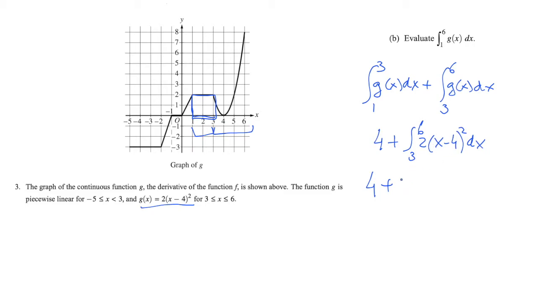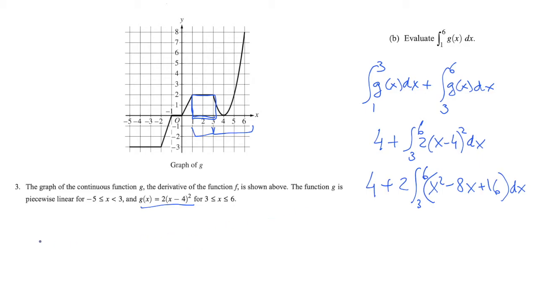We can take the 2 outside because it's a constant. 3 to 6, and then this is x squared minus 8x plus 16 dx.